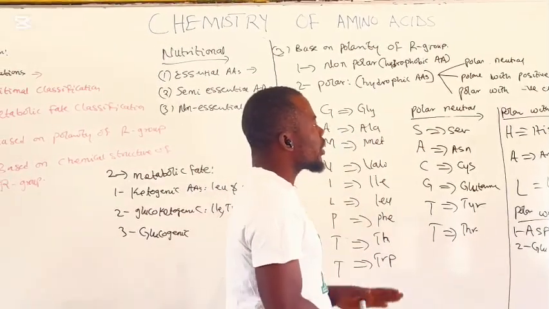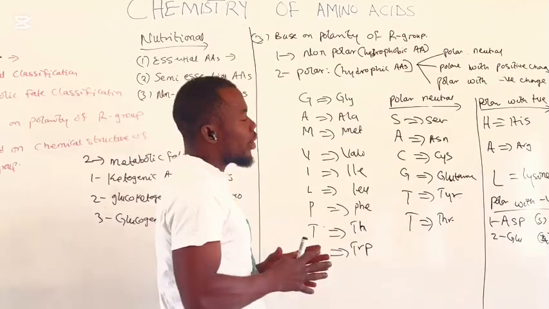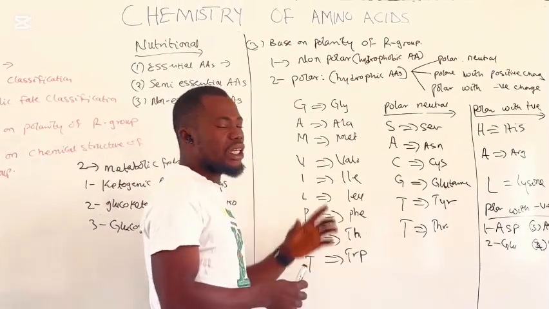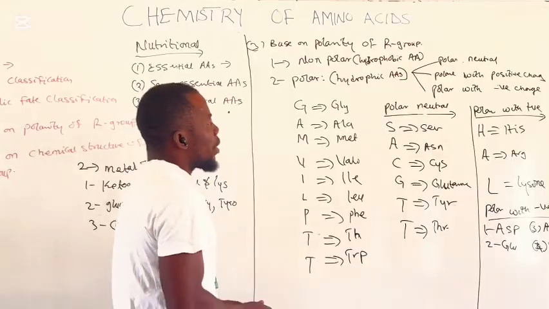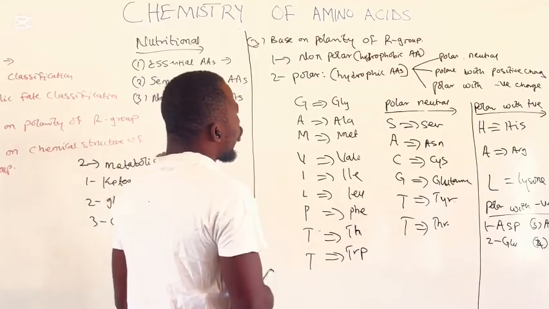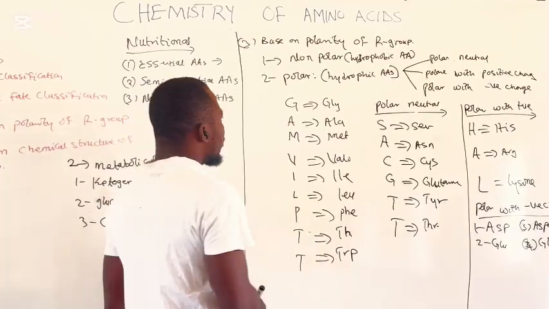Polar with positive charge are also referred to as diamino monocarboxylic amino acids. While polar with negative charge are also called monoamino dicarboxylic amino acids. Those are the other names for polar neutral, positive, and negative.